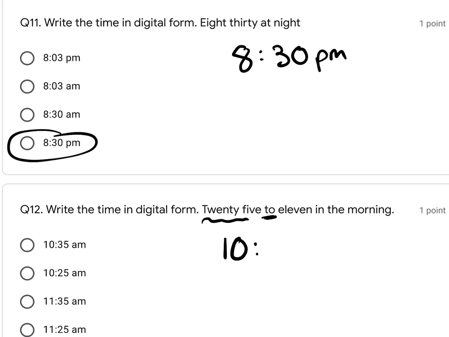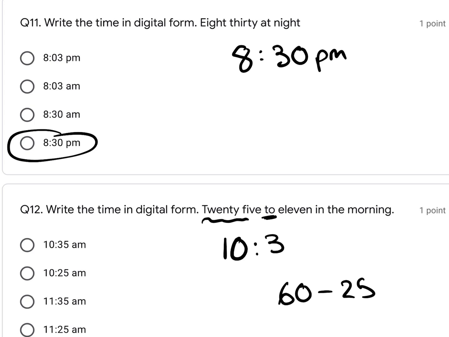So we know that an hour is made up of 60 minutes. And we know that a certain amount of those minutes has already passed, and that we've only got 25 left until we get to 60, until we get to the next full hour, which is 11 o'clock. So if we have 60 minutes in an hour and we've only got 25 minutes left, that means we're at 35.